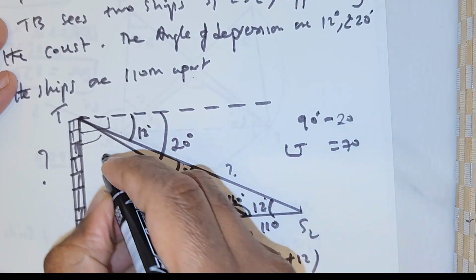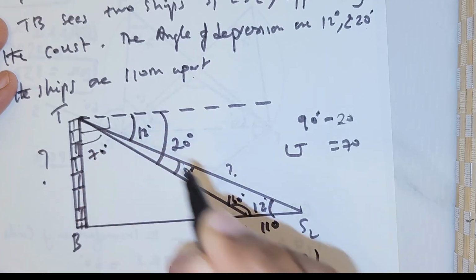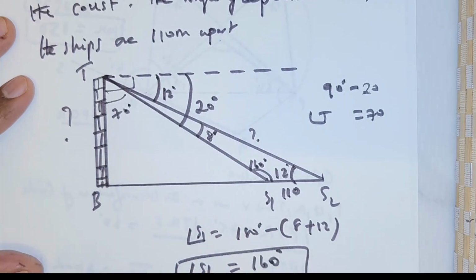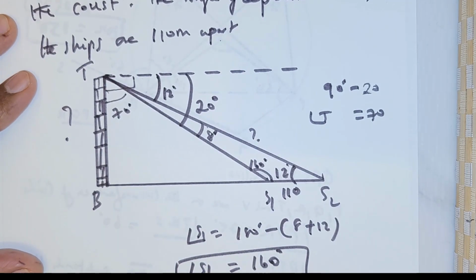So this is the angle at T, 70 degrees. Now we will have to use the sine rule again to obtain the height of the lighthouse.